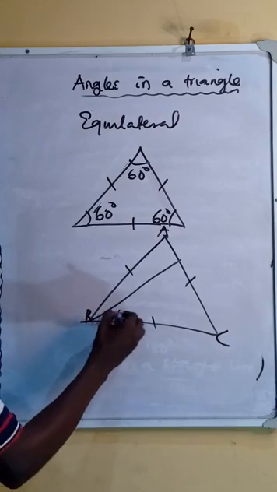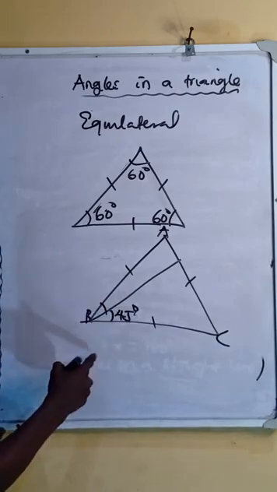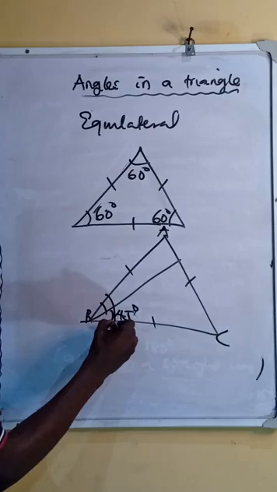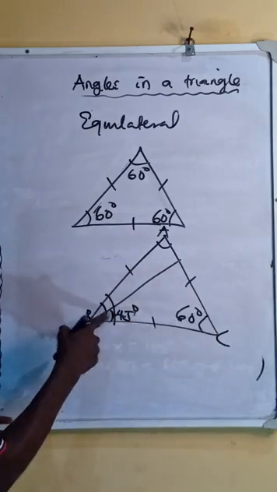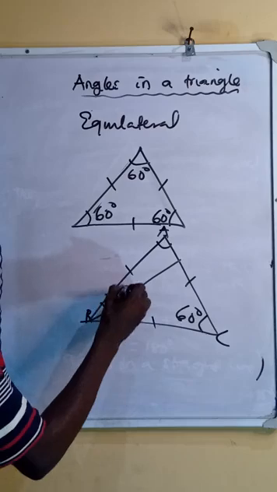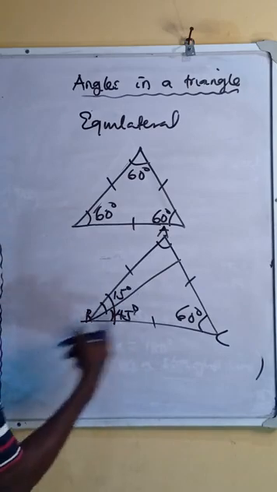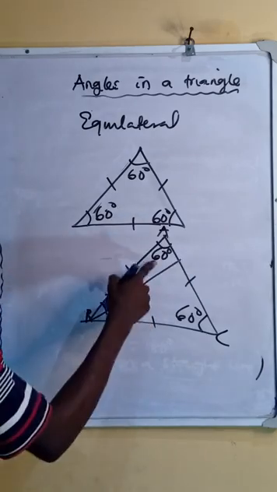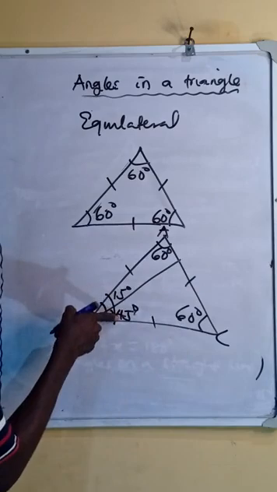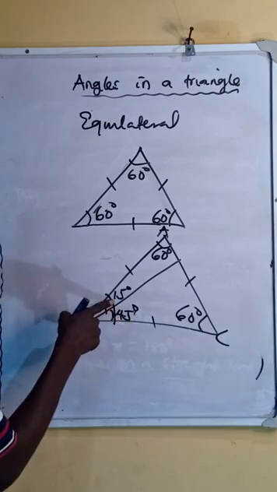And then if this place was given to you as 45, you should know what this place is, because in an equilateral triangle, all the angles are 60 degrees. This is 60 degrees, and this would be 15 degrees. So since it is an equilateral triangle, here you have 60, 60, and here you're supposed to have 60, and then the angle is divided into 45 and 15 degrees.